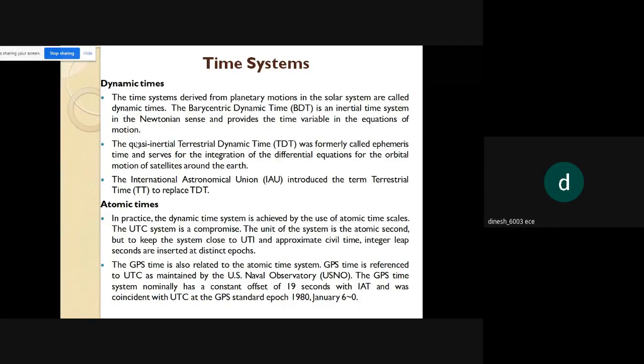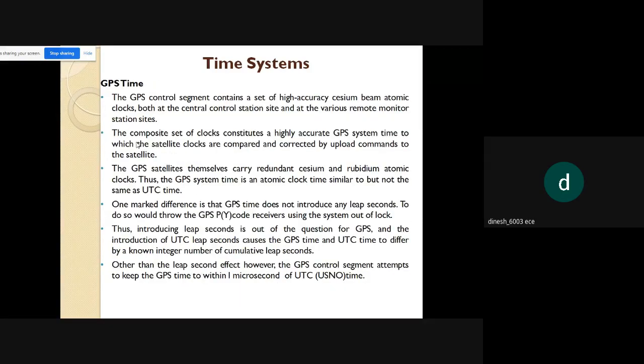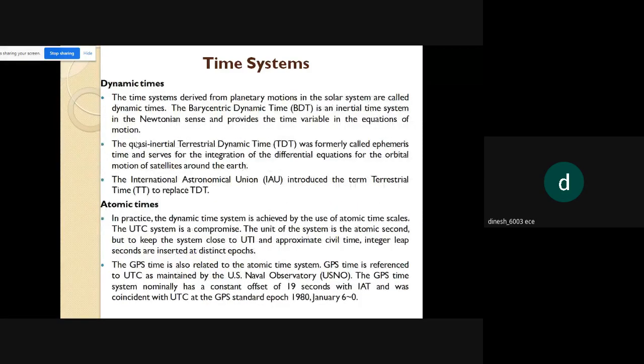So GPS time was introduced as the next case by the United States Naval Observatory, USNO, which had a constant offset of 19 seconds with the IAT system, and which coincided with the UTC system, universal time.